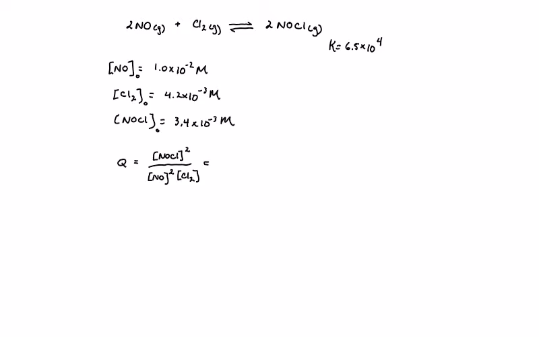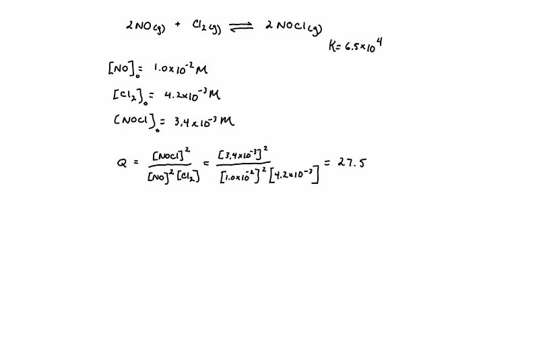Now all we have to do is feed these values into the equation. So we get 3.4 times 10 to the negative third squared, divided by nitrogen monoxide, 1.0 times 10 to the negative second, squared, times the concentration of chlorine, which was 4.2 times 10 to the negative third. And we put this in our calculator.